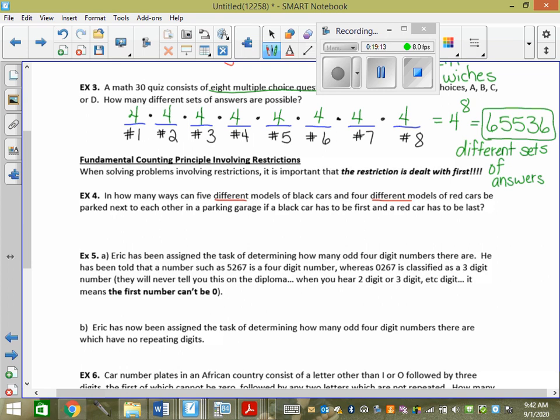Because if I have the same black car parked, let's say there's 5 of them, and they're the same model, and I park the black cars in a row, B representing the black car, and they're the exact same model, and we're pretending that I drew those perfectly the same.